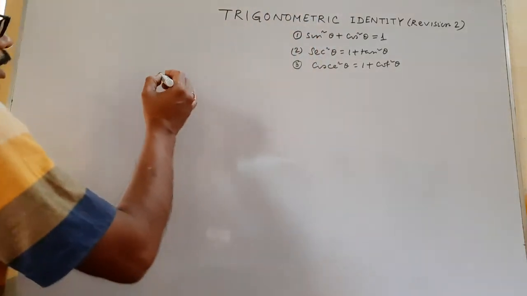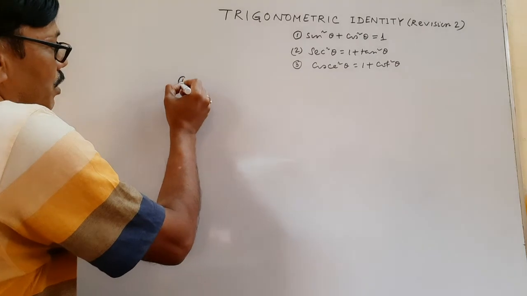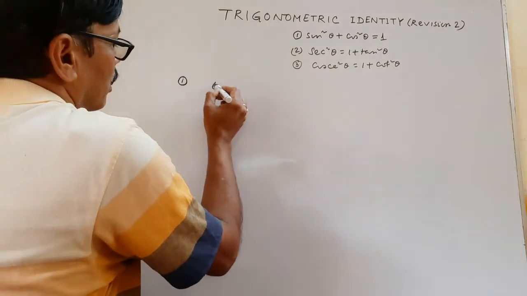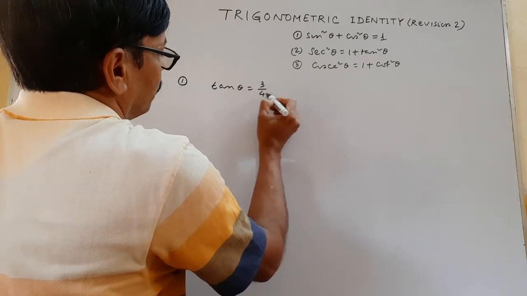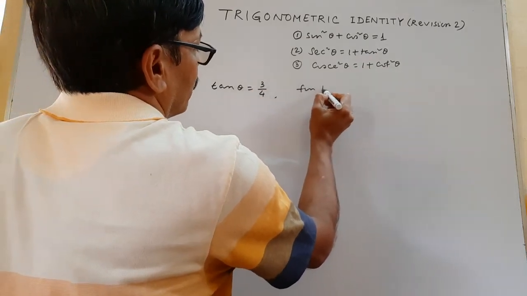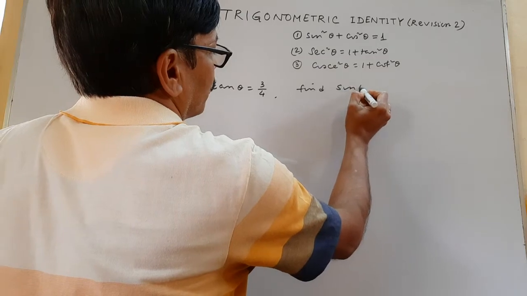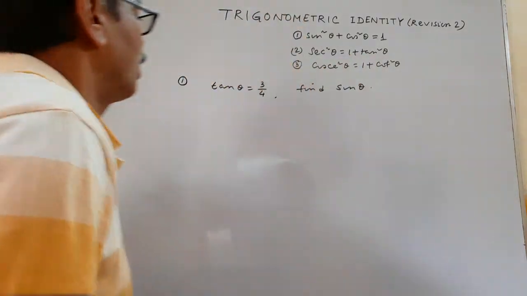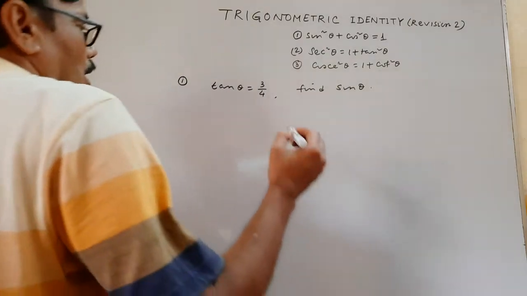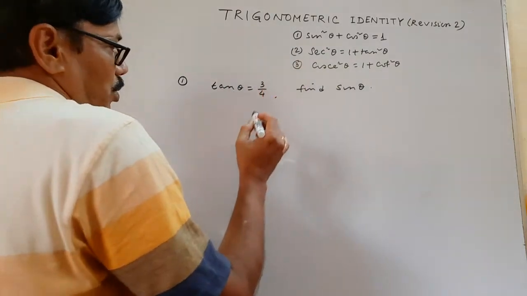Now, a simple problem: tan theta equals 3 by 4. Find sine theta. All of you know it. So look, tan theta equals 3 by 4.